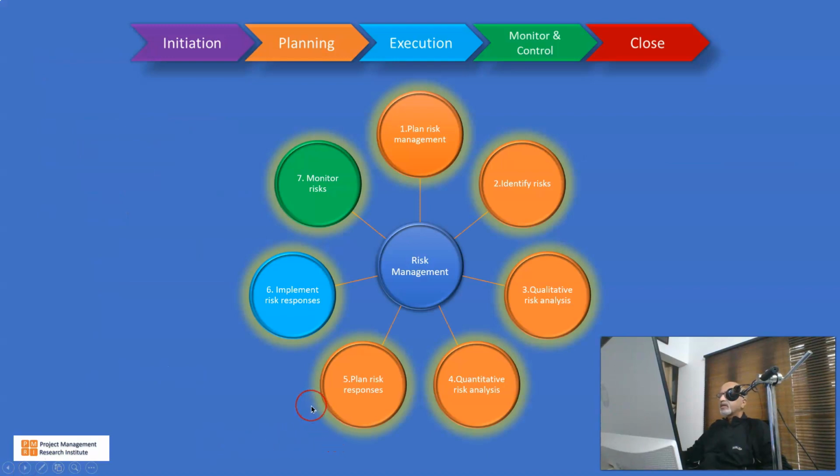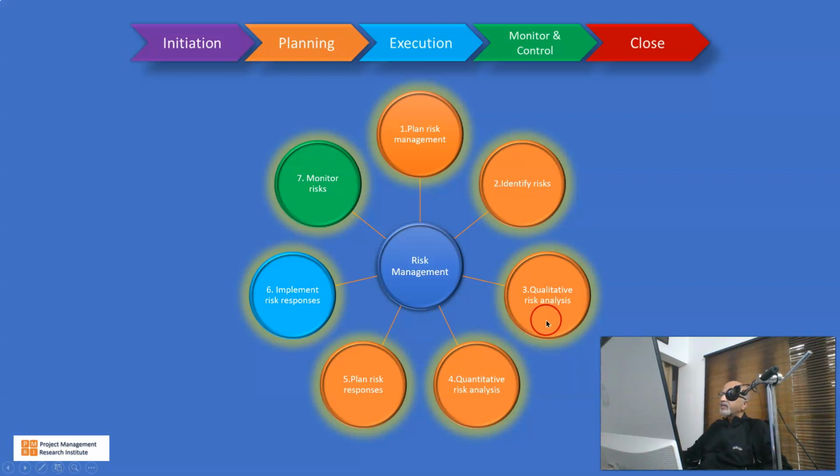So with this, we have completed the risk management part. We started with plan risk management. We discussed the risk management plan and the contents of a risk management plan. Then identifying the risk. The output is the risk register or the risk list. On that we perform a qualitative risk analysis that is based on probabilities and impacts.